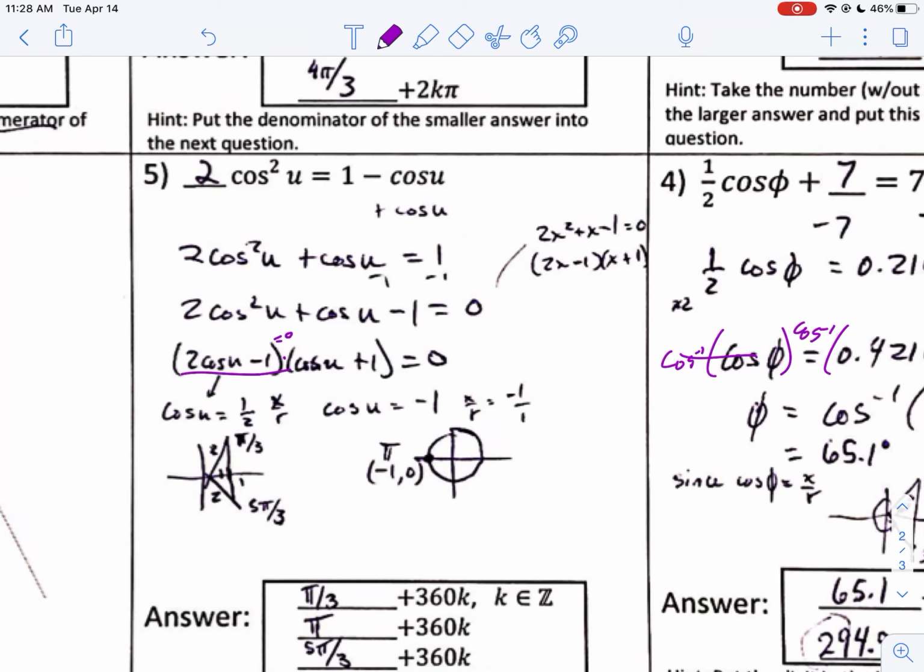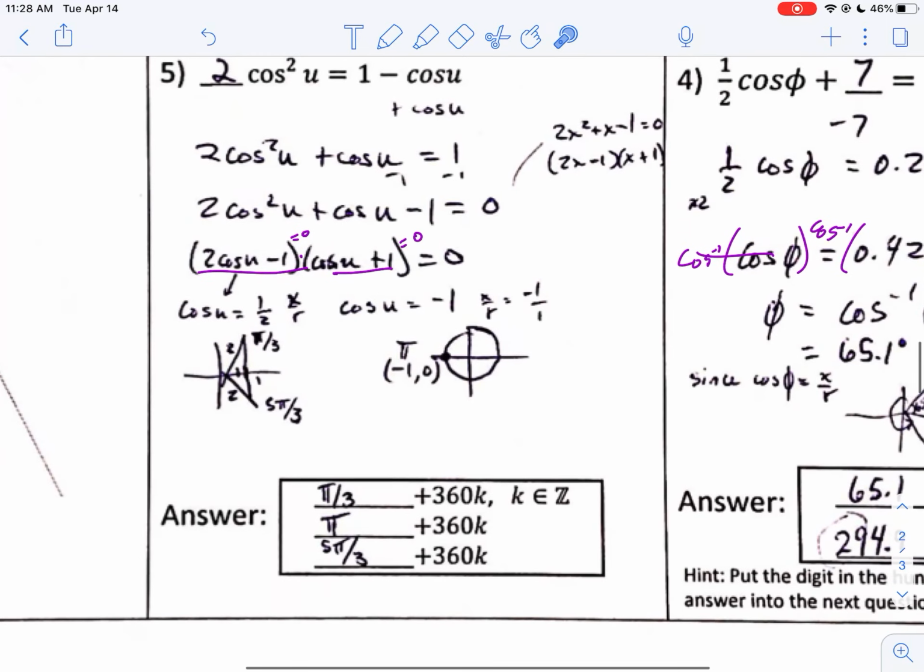From here, since I know this times this equals 0, that means that this has to equal 0, or this has to equal 0. So if this first expression equals 0, I can add 1, divide by 2. We know cosine u equals 1/2. Here, cosine u equals negative 1. And I can create my x over r.